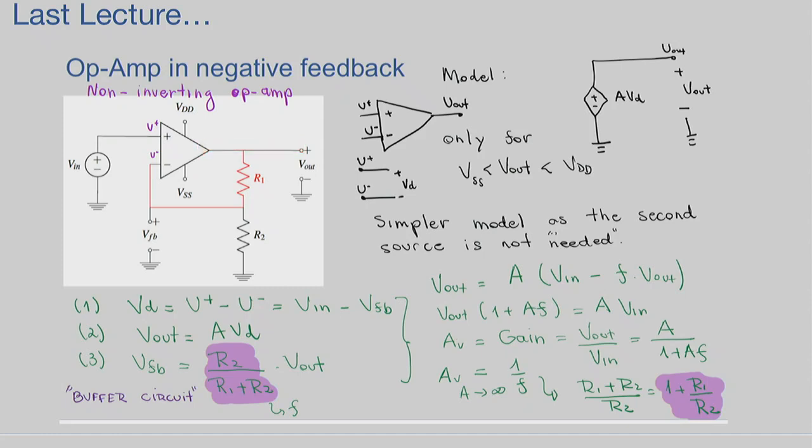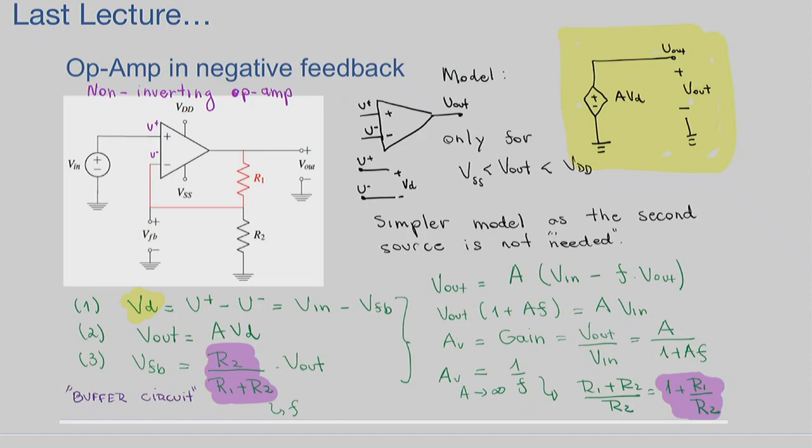Inside of the operational amplifier, we have this block, which is a voltage-controlled voltage source given by A, the gain of the amplifier, which is infinite for an ideal amplifier, times VD, the voltage differential. So V out is also related to V in and V feedback, which makes sense, right? That's what we were going for with our design.